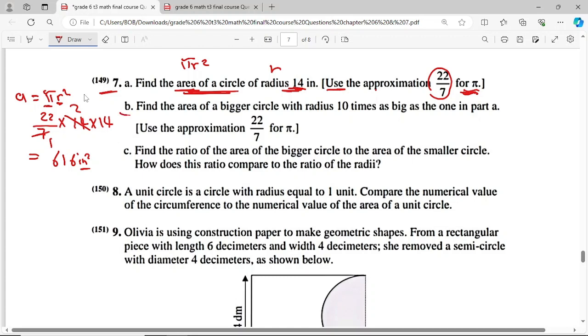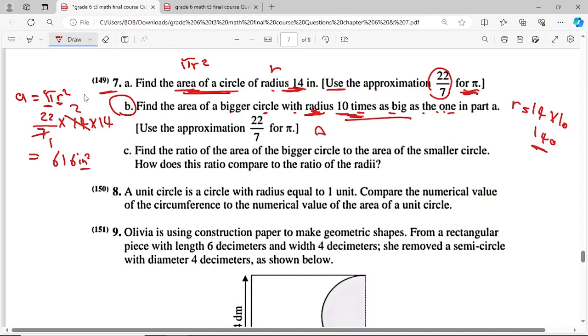Now part B: find the area of the bigger circle with a radius 10 times as big as the one in part A. The radius in part A was 14, and this will be 10 times bigger. That means the new radius, r, will be 14 multiplied by 10, which is 140. So let's get the area.